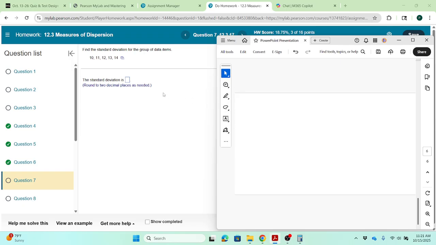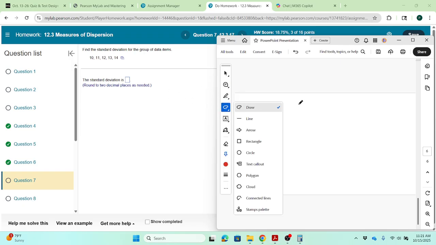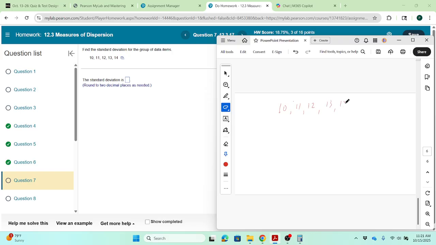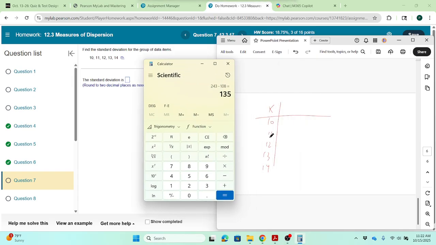These are the data set, as you can see here: 10, 11, 12, 13, 14. So I'm going to write that down in a column. Let's say data set X. These are the values 10, 11, 12, 13, 14. So the mean is supposed to be 12. You can verify that. Just add all these numbers.